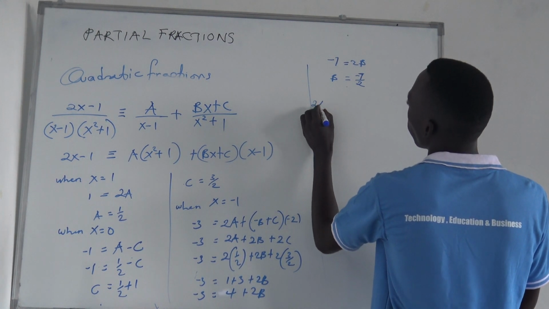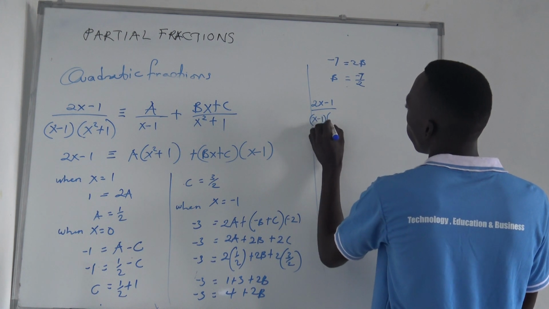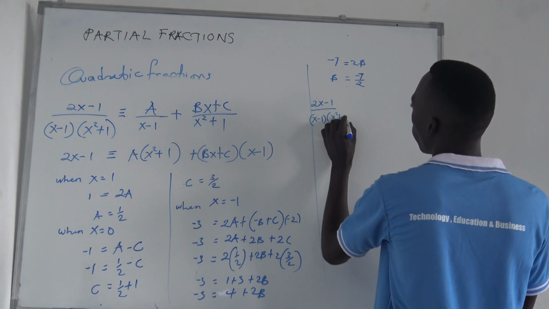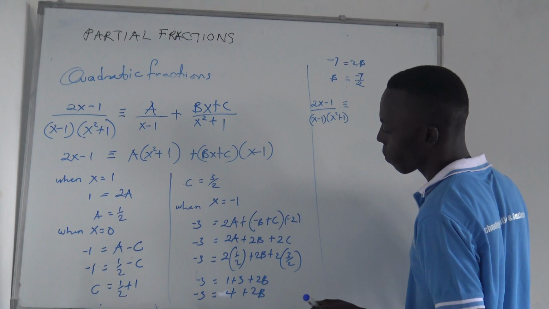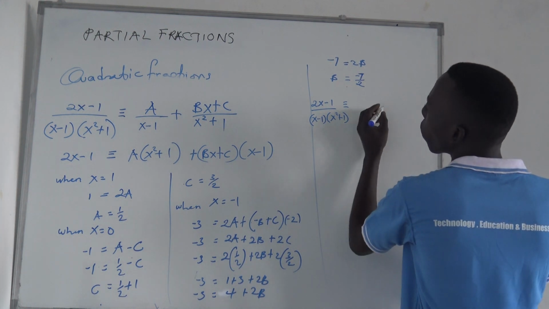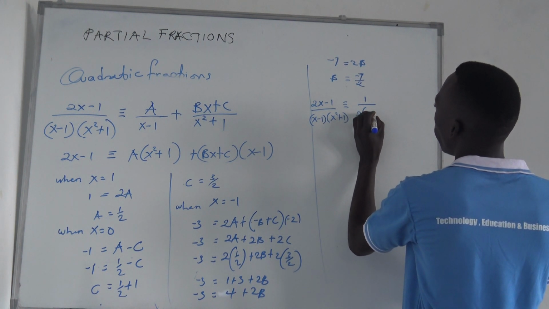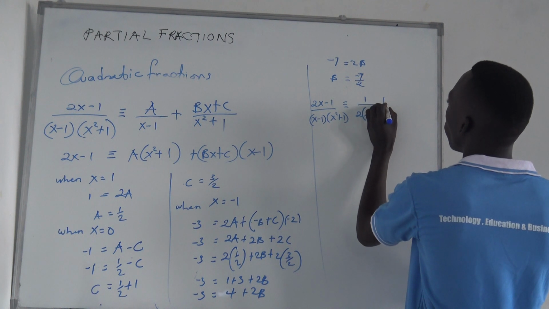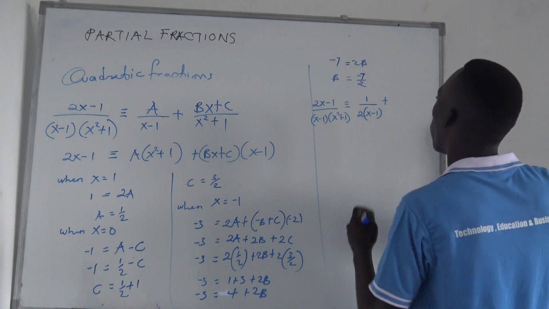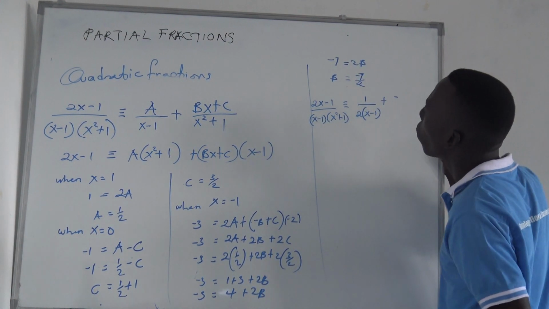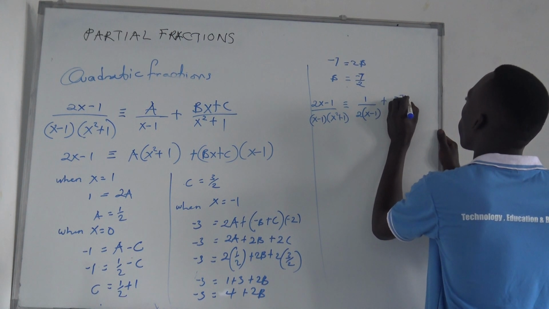So 2x minus 1 out of x minus 1 and x squared plus 1 is equivalent to A, which is a half, that is 1 over 2, over x minus 1, then plus negative B, which is 7x.